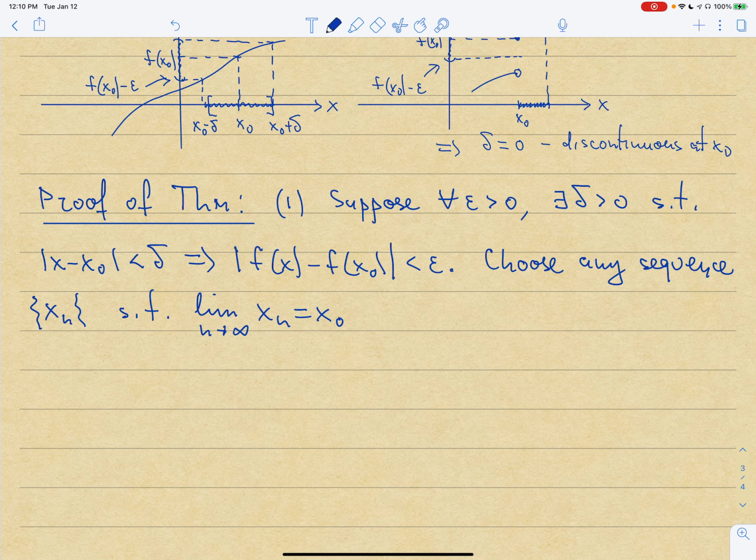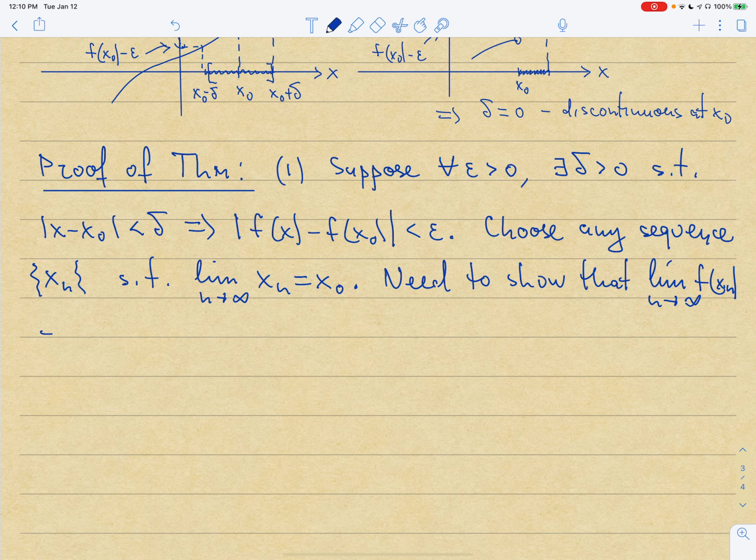And so what we need to do is show that the limit as n goes to infinity of f of xn is equal to f of x0. Okay, fine. So we need that.